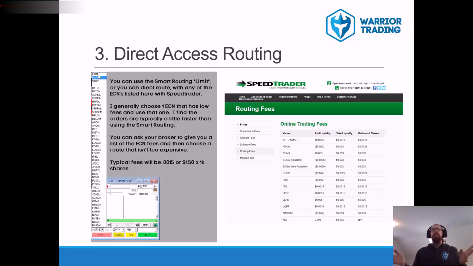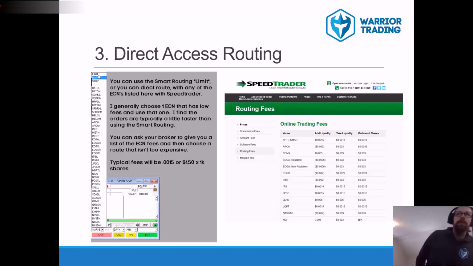It's for any number of reasons, but one reason is that the broker is most likely going to route your order towards the dock or the ECN, Electronic Communication Network, that either gives them the highest rebate, which is good for their business, or that for whatever reason they just use the most frequently. And that may not be the best one for you. That may not be the route that gives you a really quick fill.